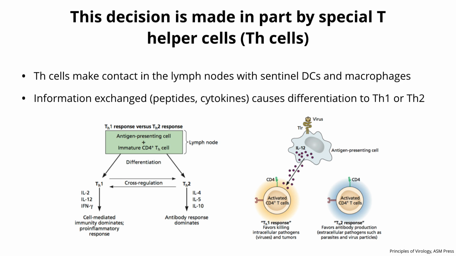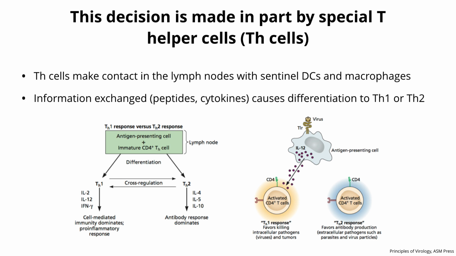Remember, a Th1 CD4 cell will make cytokines that lead to the production of CTLs, cytotoxic T lymphocytes. The Th2 class of cells make cytokines that allow B cells to mature into plasma cells. So Th1 is a cytotoxic response, Th2 is an antibody response. So here on the right is a cartoon of that.